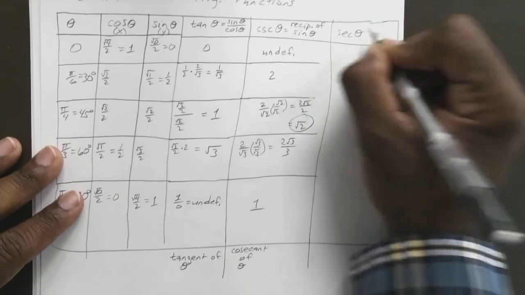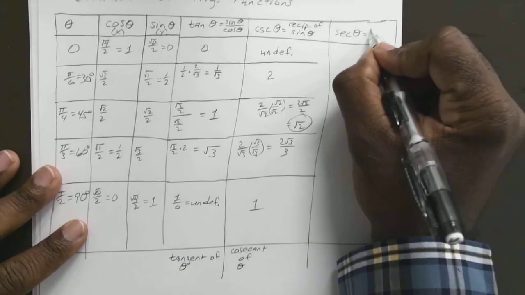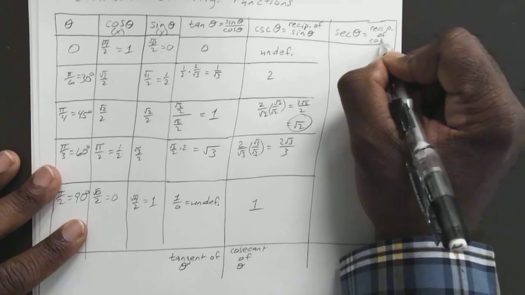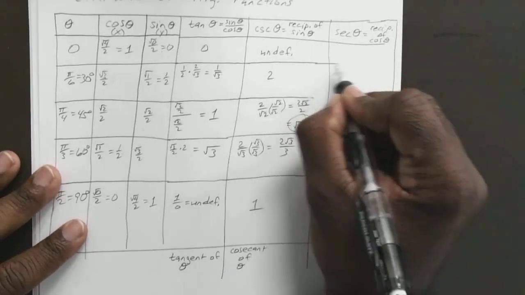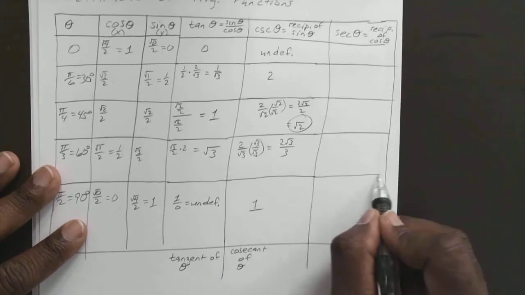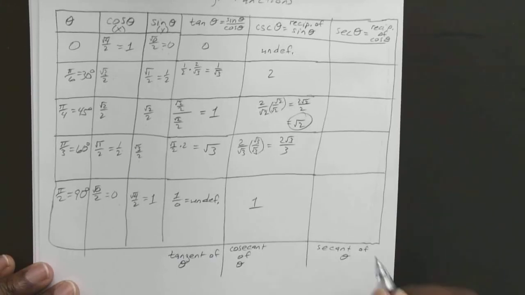Okay, so now we have secant of theta, which is just the reciprocal of cosine. So if you get cosine and flip it, you now have your secant. So that's secant of theta.